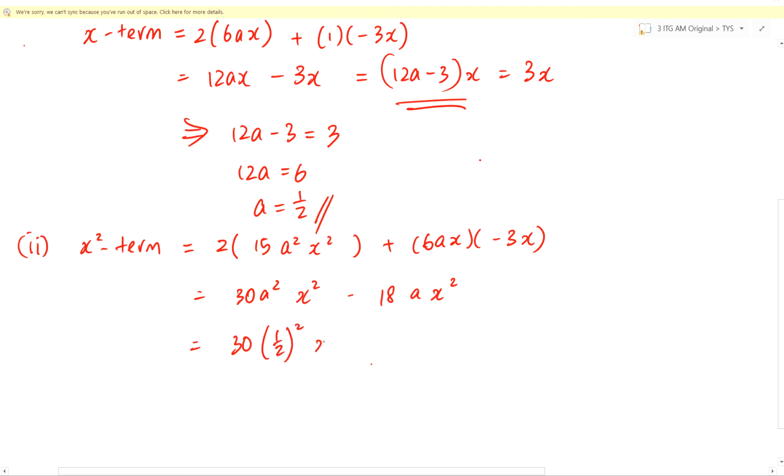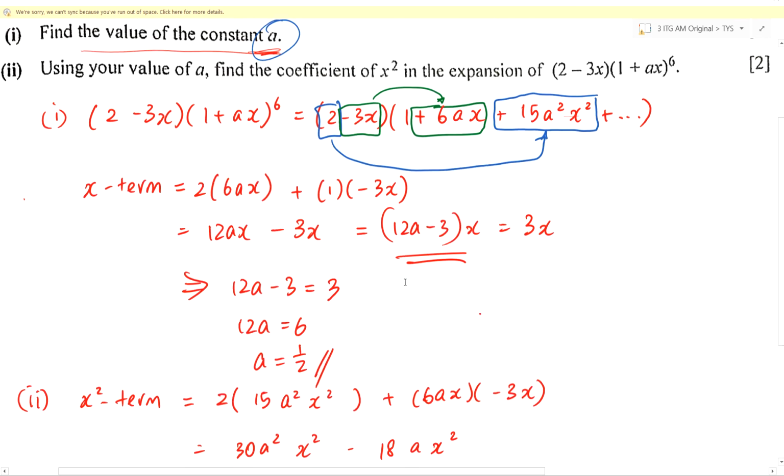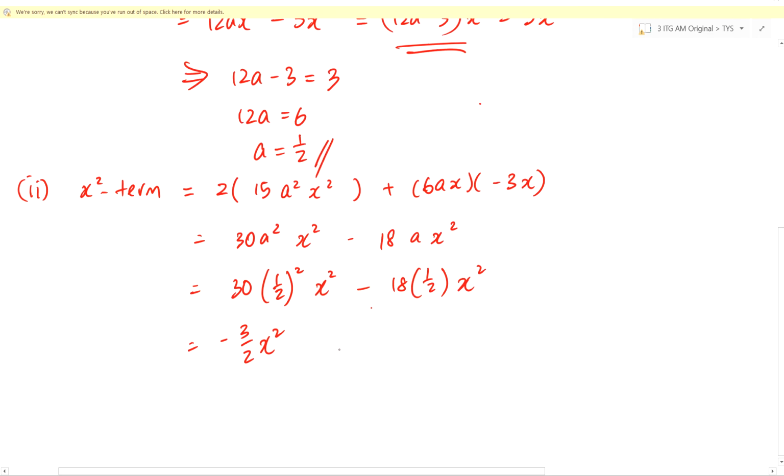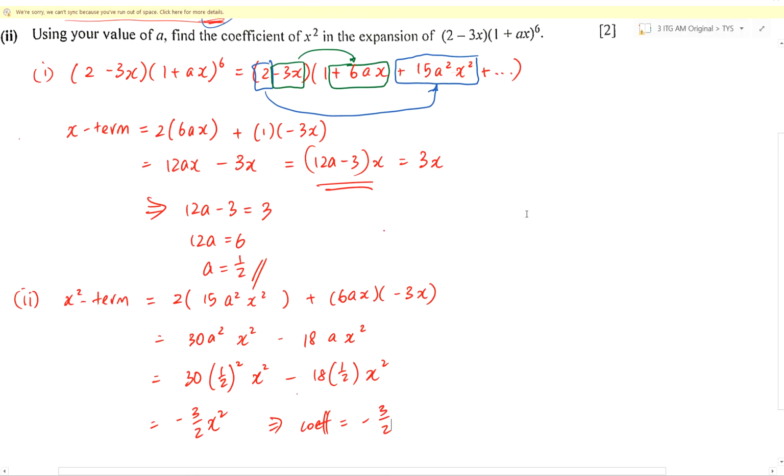So 30 times half square x square minus 18 times half x square. Simplify. Negative 3 over 2 x squared. So here is our x squared term. They will ask for the coefficient of x squared, so you still have one last line. Coefficient is negative 3 over 2. So 6 marks over here.